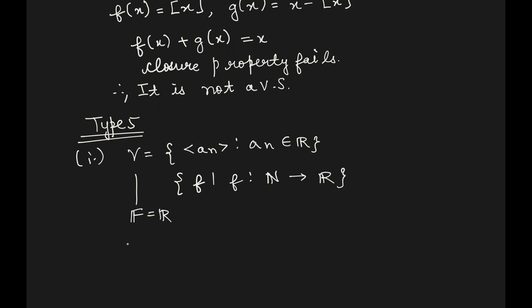I can say yes, the sum of two sequences is again a sequence. All the properties will be satisfied. So it is a vector space.